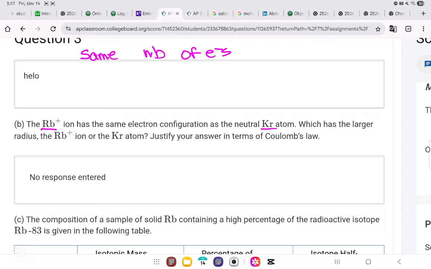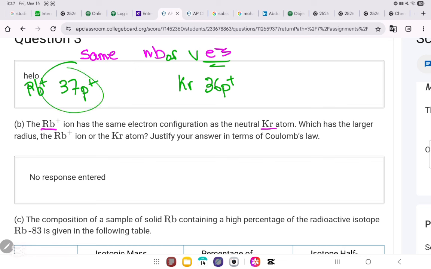I will look for Rb plus. Rb plus has 37 protons, whereas krypton has 36 protons. So on the same number of electrons, to be more specific, the same number of valence electrons, 37 protons is acting versus 36 protons is acting.